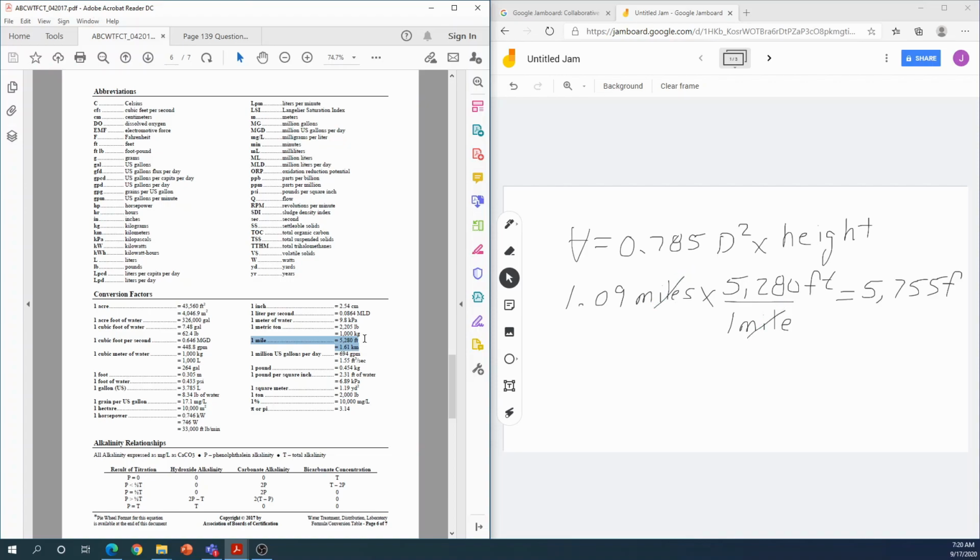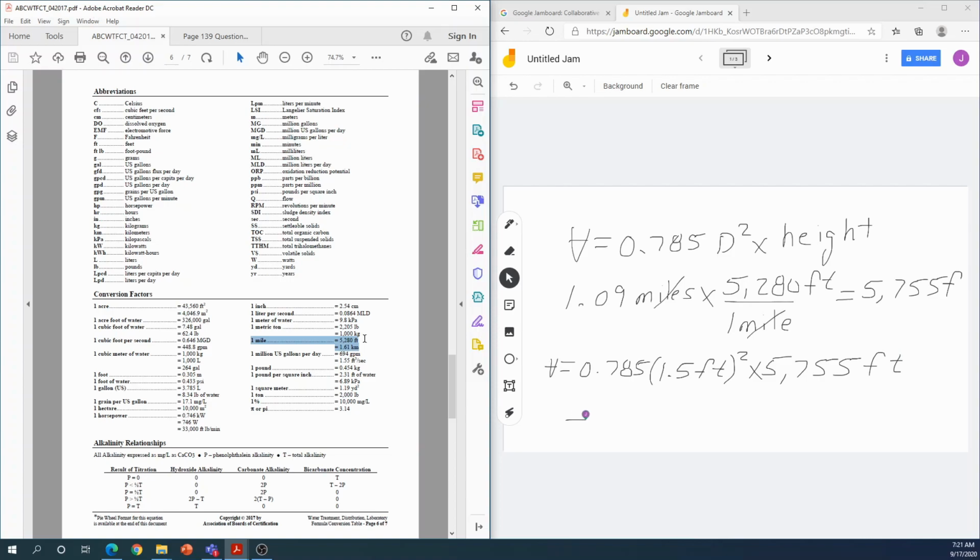So next, now we have our diameter in feet and our length in feet. So our units match. So let's calculate the volume. So volume is going to be equal to 0.785 times our diameter squared, which is 1.5 feet squared, times our length, which was 5,755 feet.